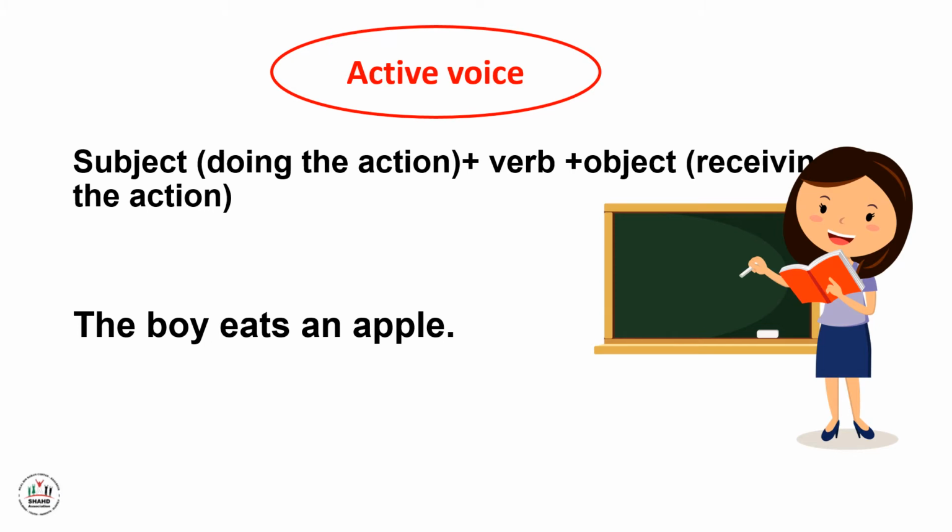The boy is the subject doing the action. Eats is the verb. An apple is the object. So this is an active voice sentence.